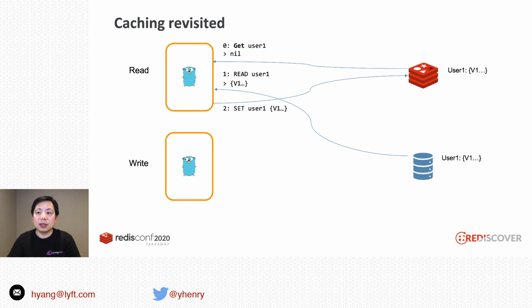There are well-studied techniques to mitigate this issue, such as locking and probabilistic early expiration. Normally, these techniques are designed to protect the database or prevent expensive computations, and the assumption is that the cache is available and the stampedes are triggered by cache expirations. But that is not always true.